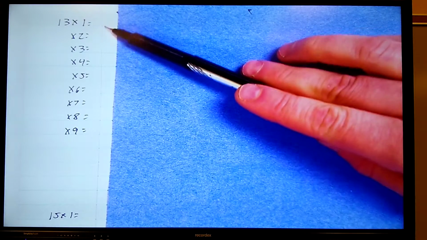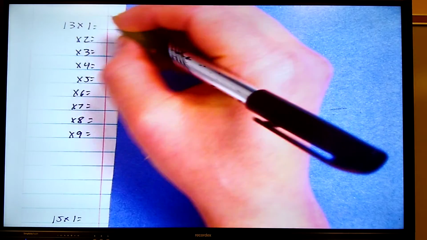But first things first, we're going to find all of our facts for 13. So pause the video and find all your facts for 13, all the way to 9. All right, let's see how good you did.